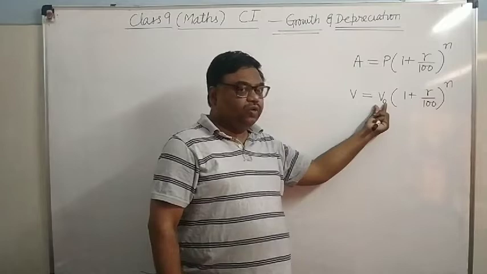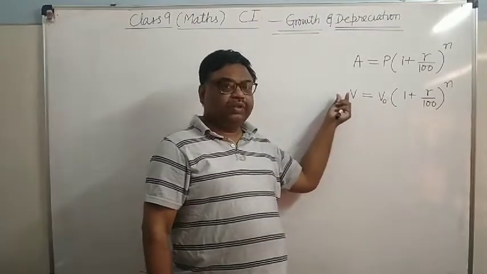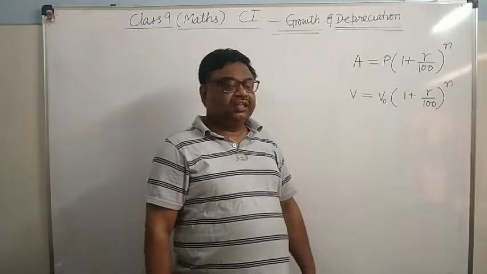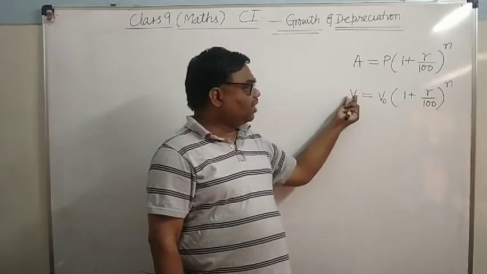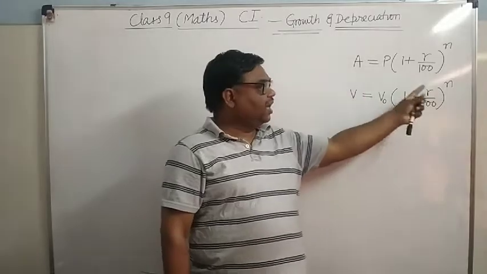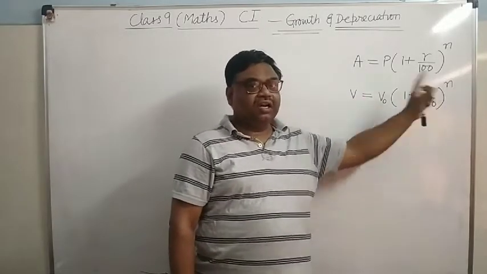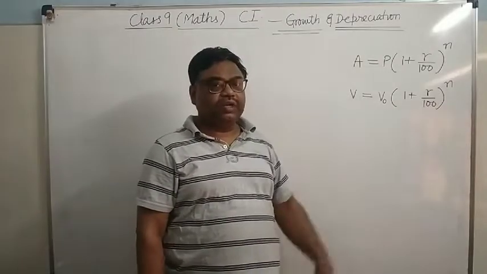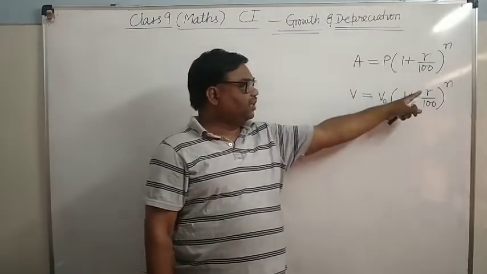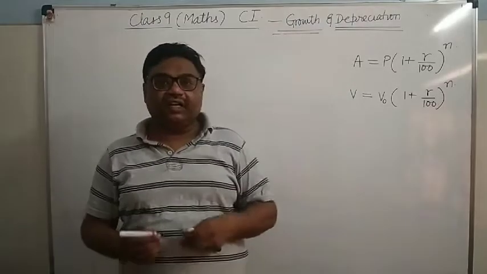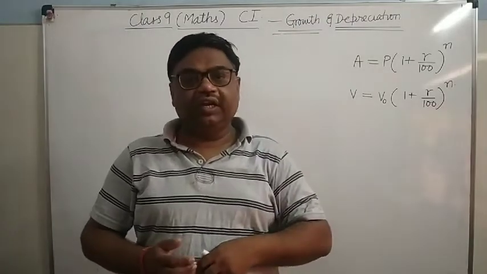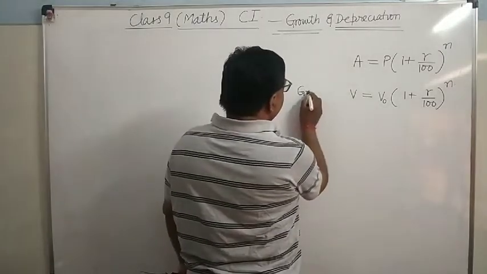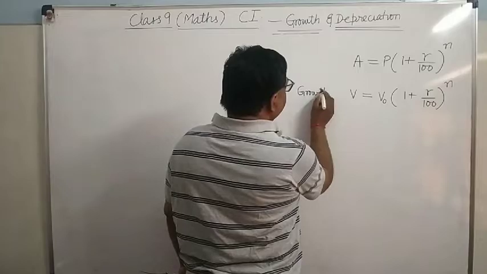The original value V naught will become V after n years if it is increasing at a rate of R compounded annually. So this is the formula of growth.